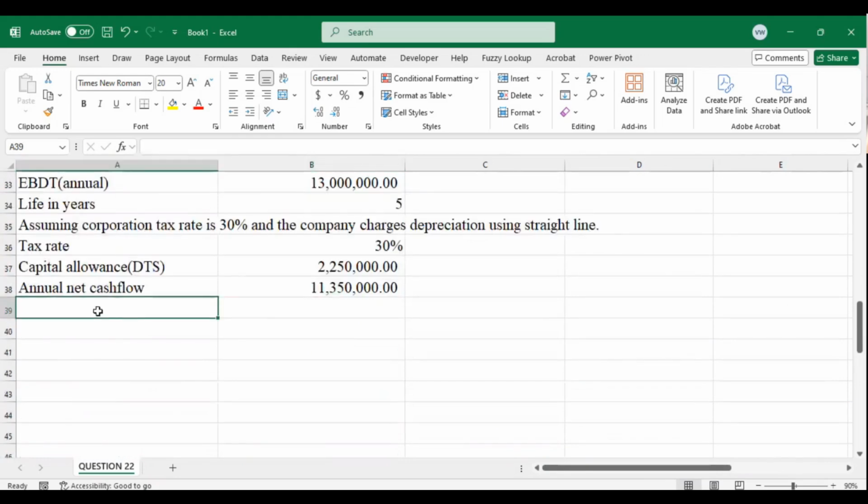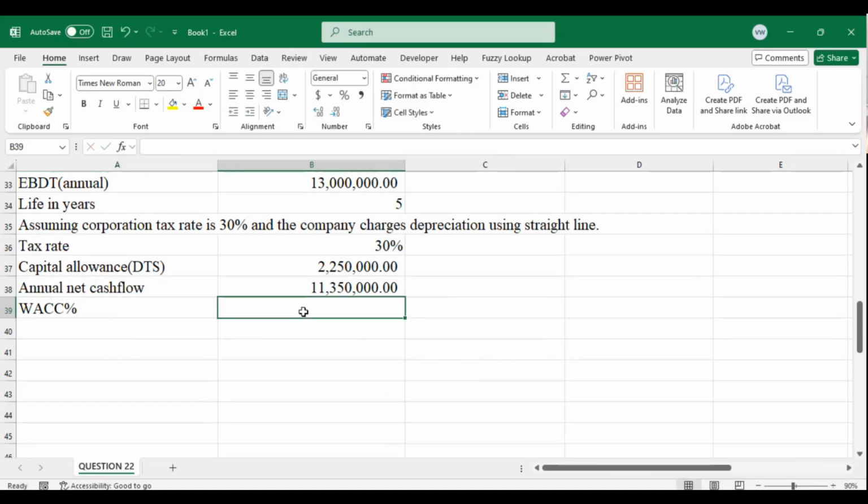So let me have this as weighted average cost of capital. I'll introduce the text value of weighted average cost of capital. Don't say weighted average cost of capital 12%, because now all these are text values. You have to input the text value of weighted average cost of capital, then the numeric value of 12% you have separately.